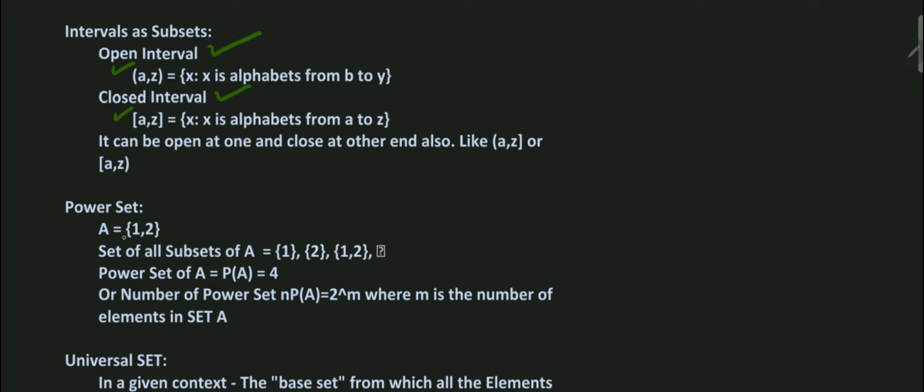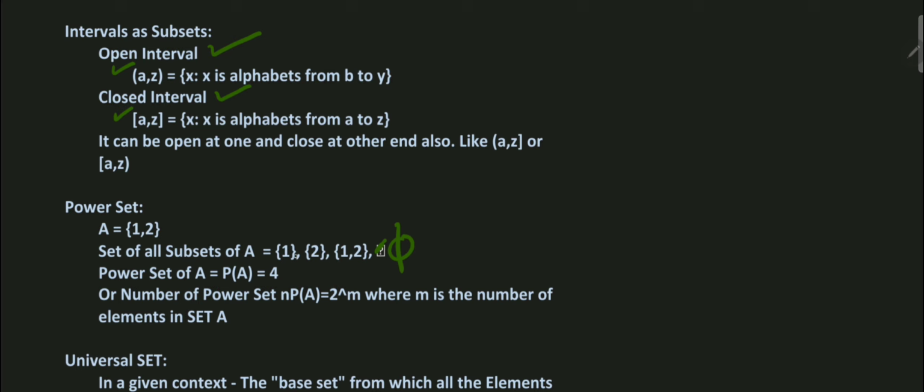Then comes the power set. If A is a set having elements 1 and 2, then the set of all subsets of A is {1}, {2}, {1, 2} and a null set or empty set. The number of elements in the power set of A is 4.